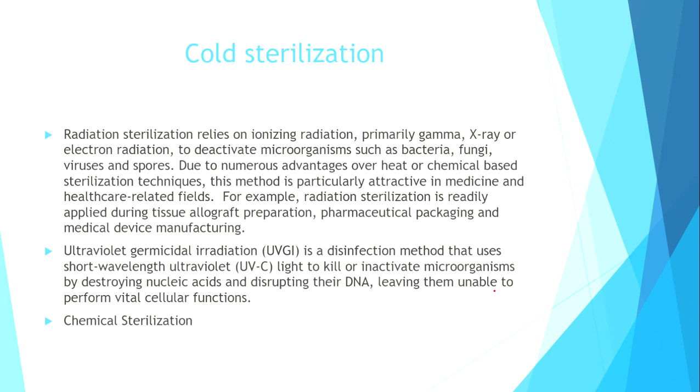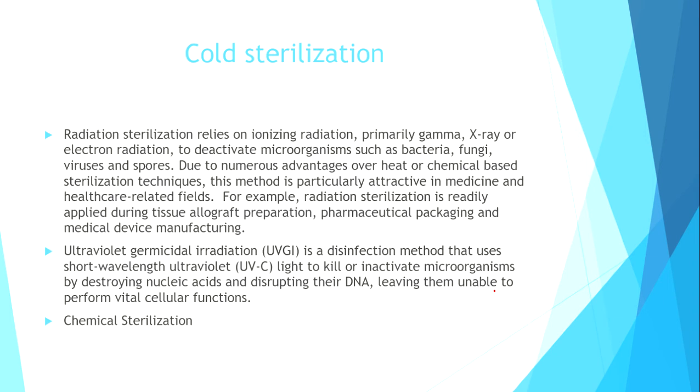Due to numerous advantages over heat and chemical-based sterilization techniques, this method is particularly attractive in medicine and healthcare-related fields. For example, radiation sterilization is readily applied during tissue allograft preparation, pharmaceutical packaging, and medical device manufacturing.